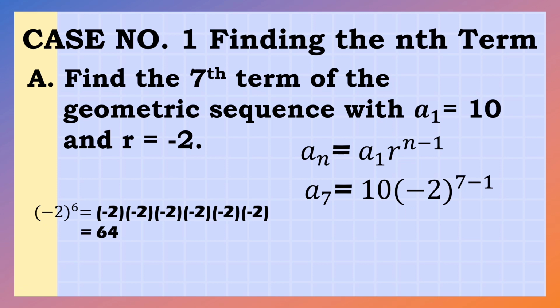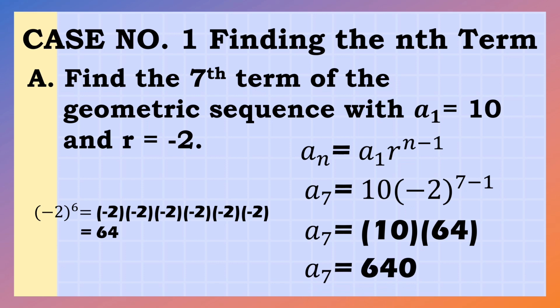So negative 2 times negative 2, that is positive 4. 4 times negative 2 is negative 8. Negative 8 times negative 2 is positive 16. Positive 16 times negative 2 is negative 32. And negative 32 times negative 2 is 64. So our a sub 7 now is 10 times 64. Therefore, a sub 7 is equal to 640.